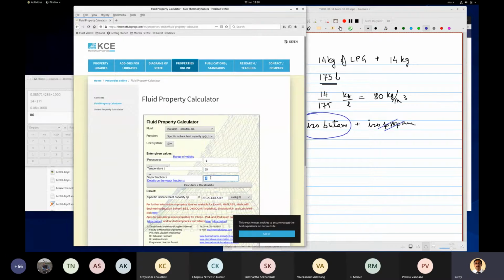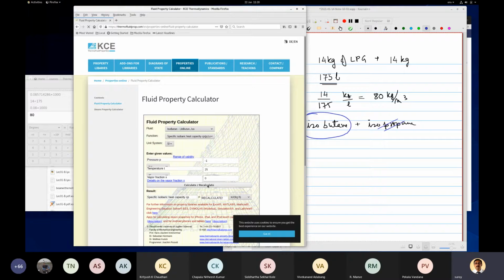And let us see. We want to see if it is saturated condition, quality 0, right? If it is saturated, then the moment you give a temperature, it will have a corresponding pressure. We can find that out, right? For every temperature, we'll have a pressure.